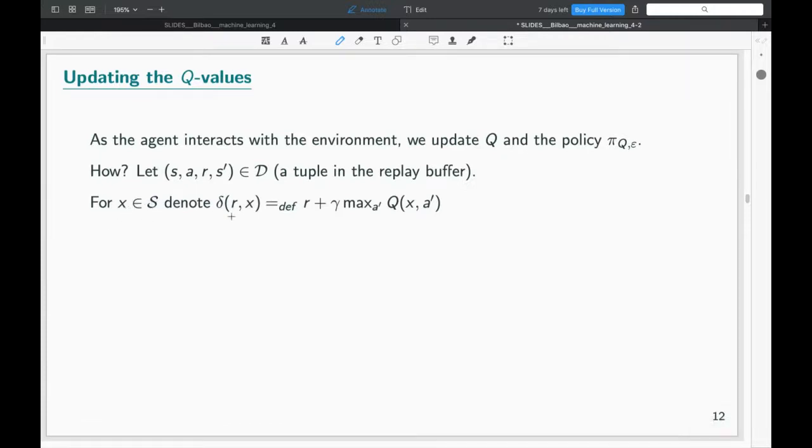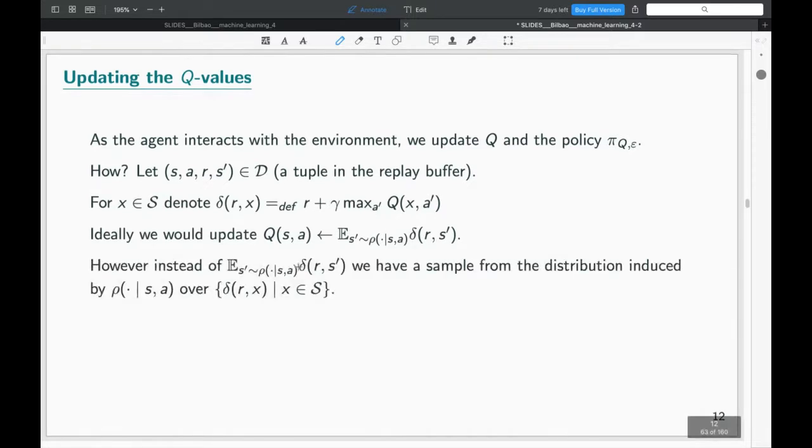Given a state X and some reward R, I write delta R X to denote R plus gamma times the maximum Q value at state X. So ideally, we would replace Q(S,A) by the expected delta.